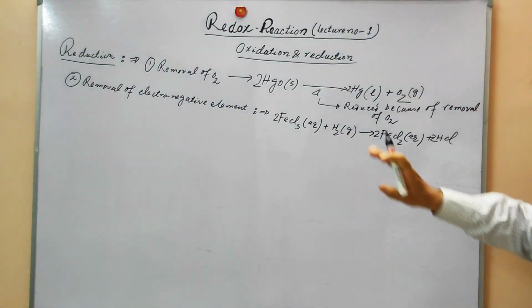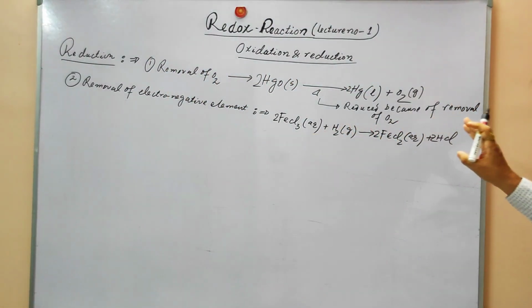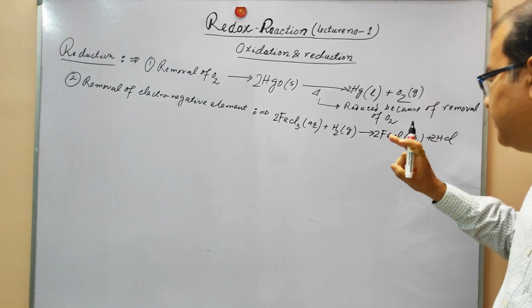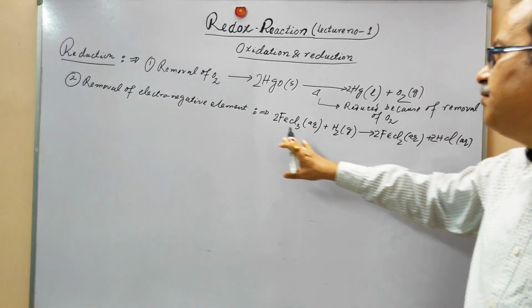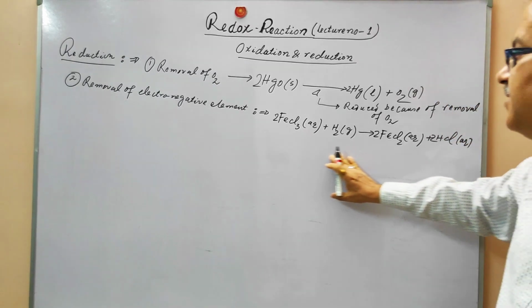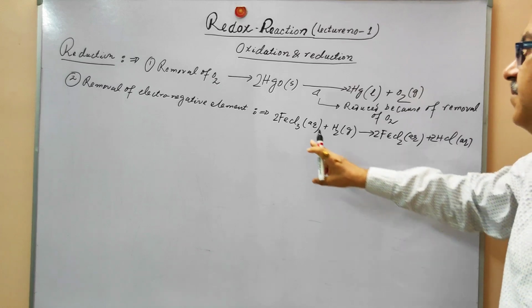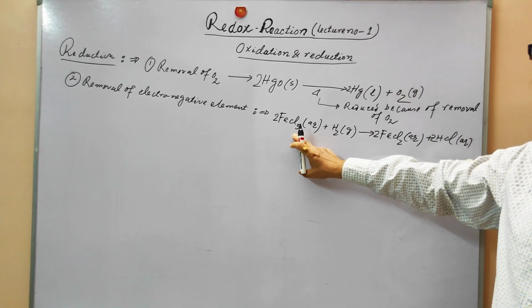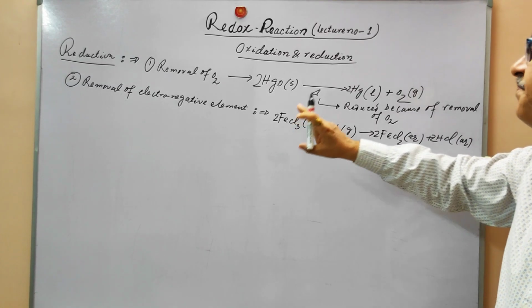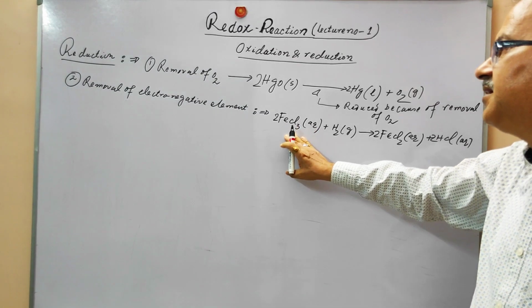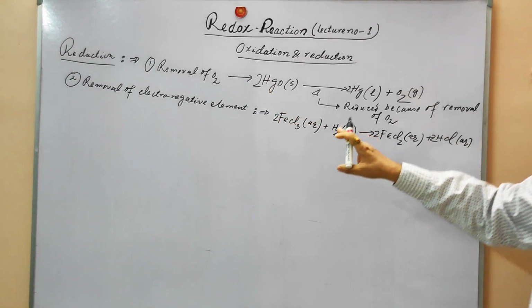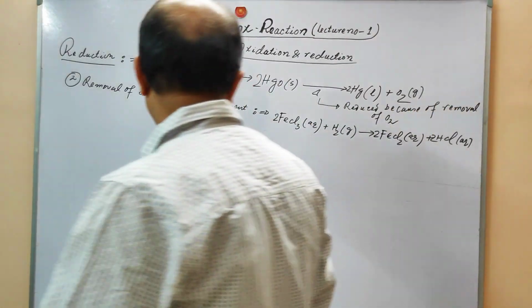Here you can see ferric chloride reacted with the hydrogen gas and it will produce the ferrous chloride, aqueous, and the HCl aqueous. And at that time you will find here is the removal of the electronegative element chlorine from the FeCl3. So we will call it an oxidation reduction reaction. This is the reduction reaction because of removal of electronegative element.